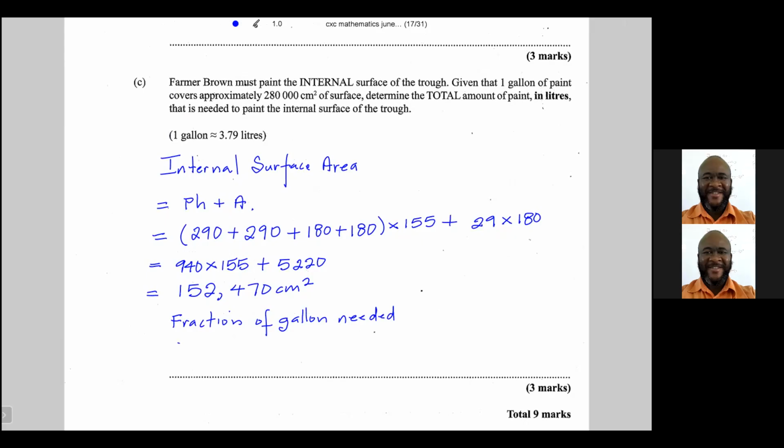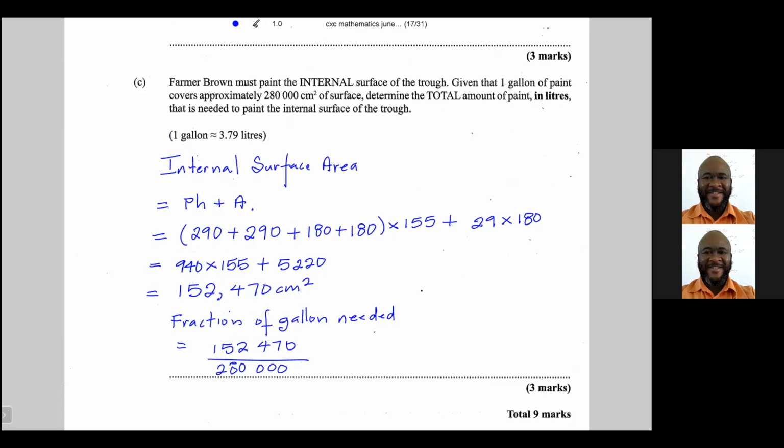So the fraction of 1 gallon that is needed would be 152,470 over 280,000. All right, let's see what that works out to be.